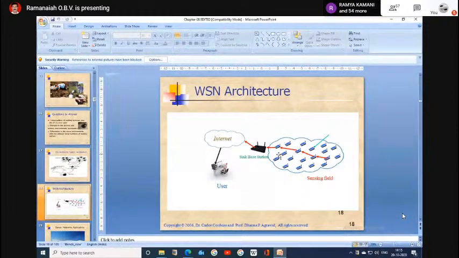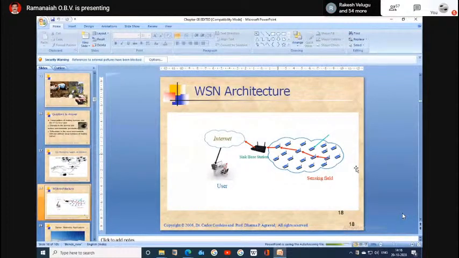So the query is flooded or disseminated in the entire network. All the sensor nodes where that query holds good will get activated, and such nodes become the data sources, right?